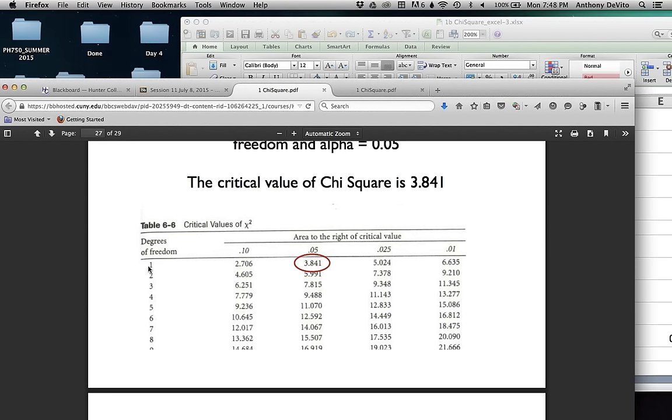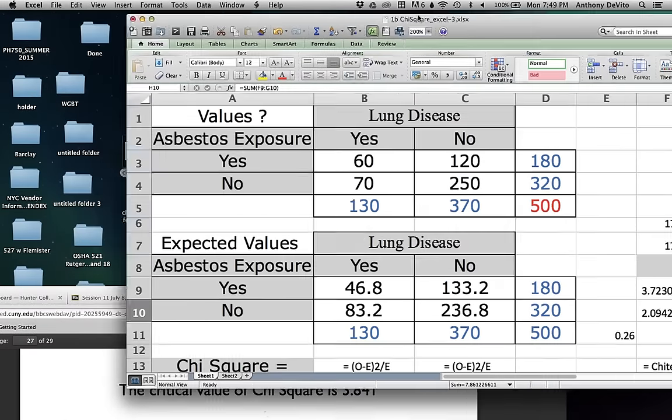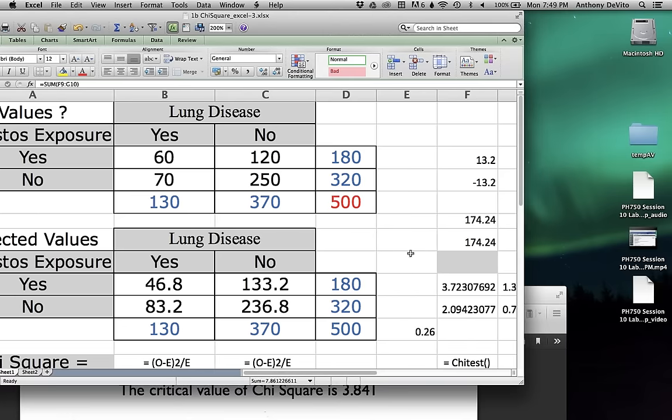Okay, what do we have here? Degrees of freedom, 1. If I go across to the area to the right of the critical value, for 1 degree of freedom, the critical value is 3.841. What was our chi-square that we calculated here? Remember what it was?